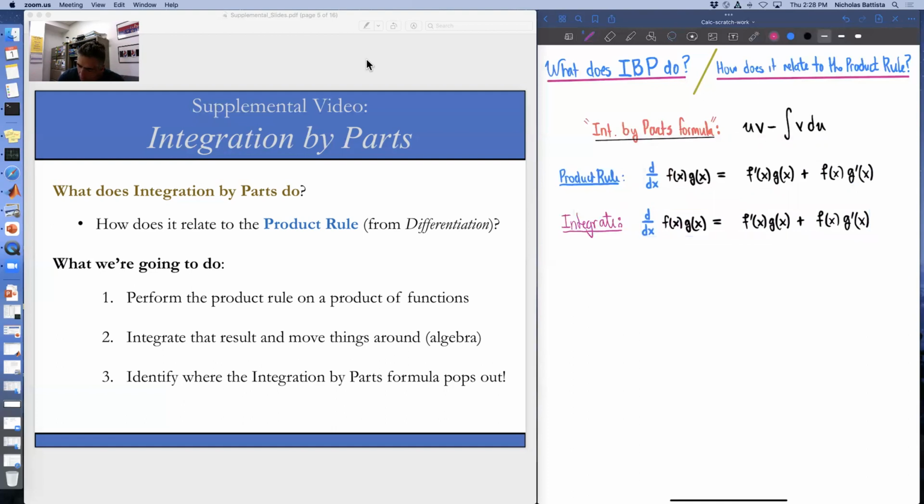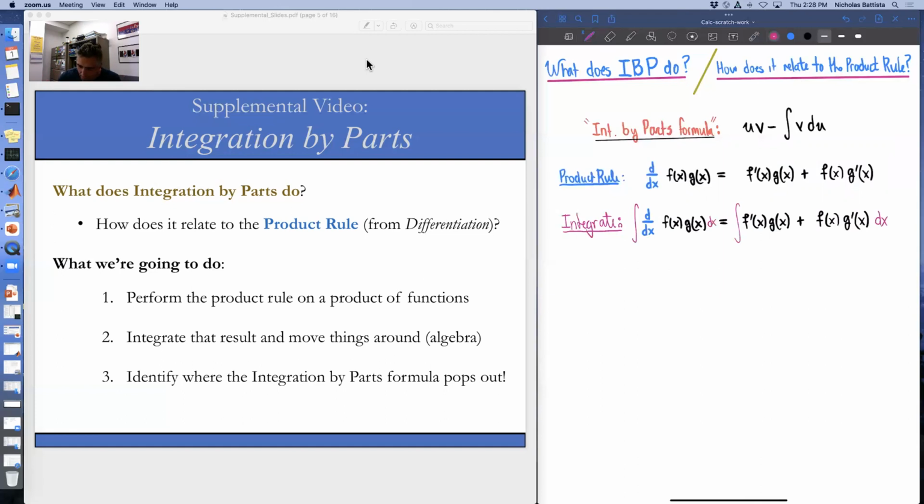And we're going to integrate both sides of this equation with respect to x. There's going to be some little mathematical manipulations we do, some algebra in a couple moments, but I first want to draw our attention to two quick things.